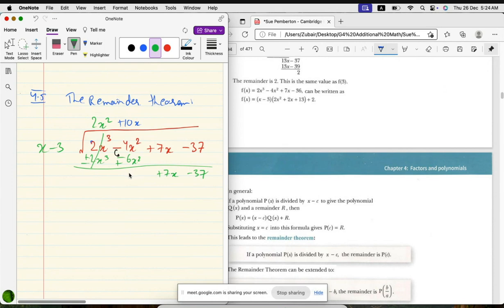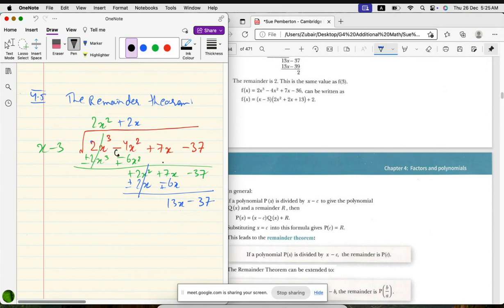Minus 4 and plus 6, this is plus 2x square. And 2x square multiplied with x. 2 times 3 is 6. Minus, minus plus. And this is 6 plus 7 is 13x minus 37.